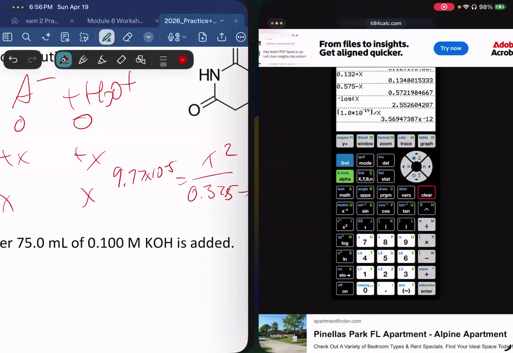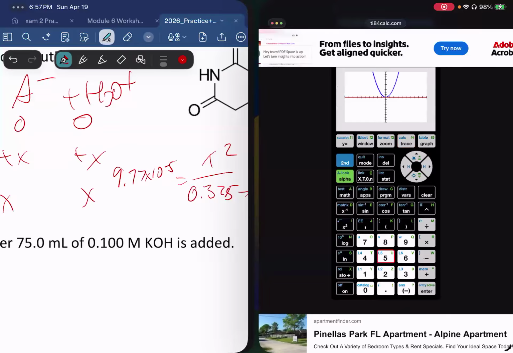So X squared is 0.375 minus X times the Ka, which is 9.77 times 10 to the negative 5.